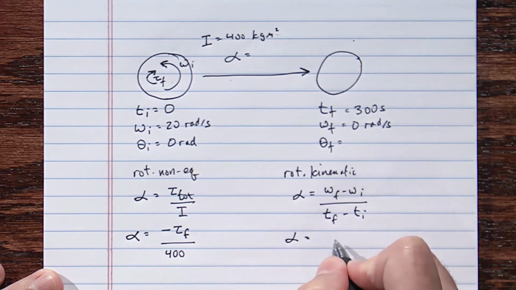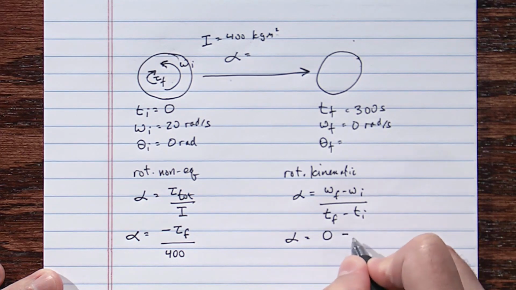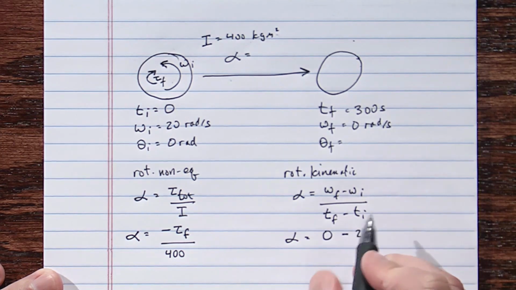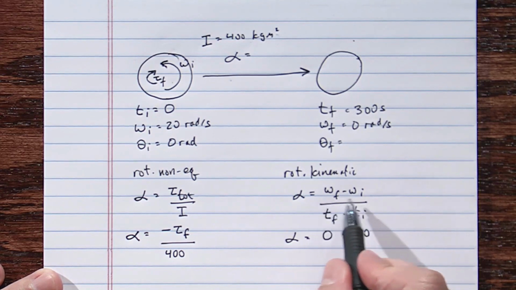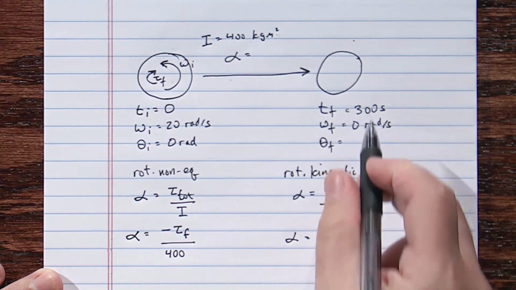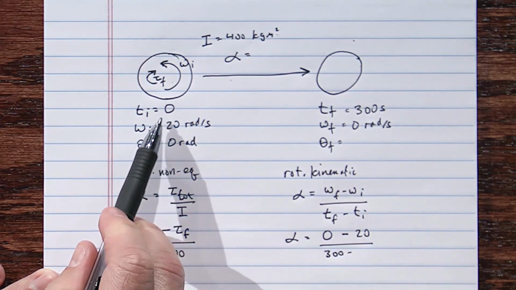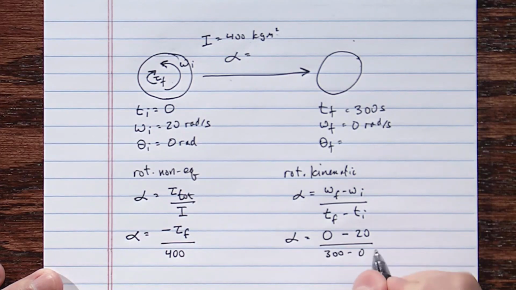So angular acceleration is equal to 0 minus 20. Omega final is 0, omega initial is 20, divided by time final, which is 300, minus time initial, which is 0.